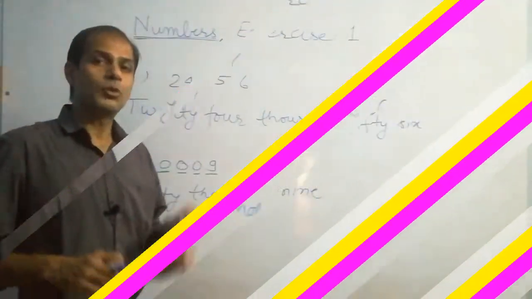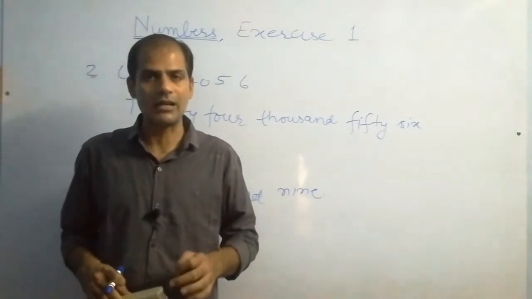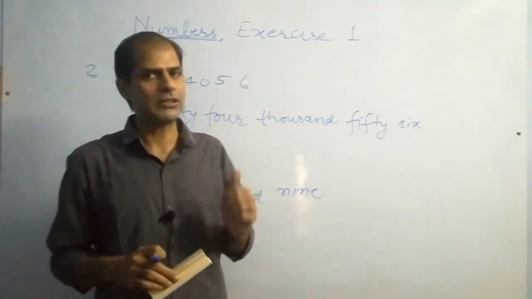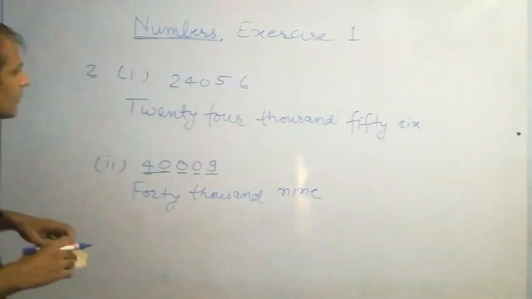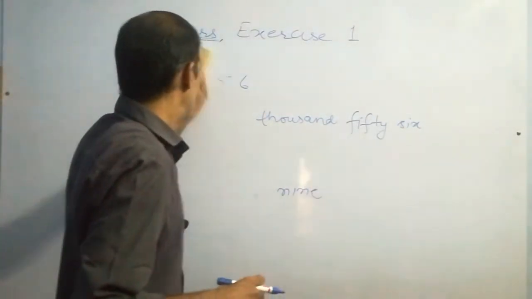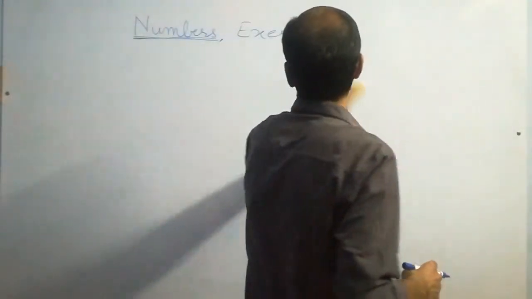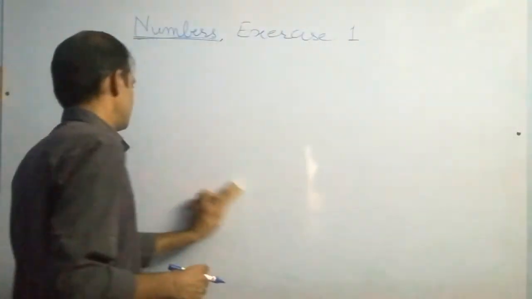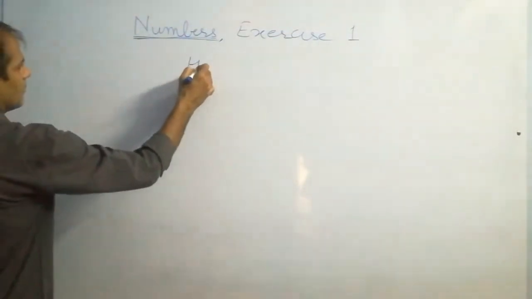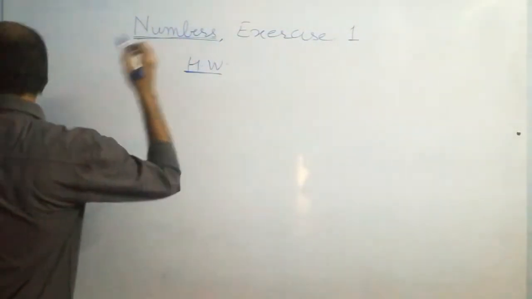I hope you understood these 2 questions well, and on the basis of this I will give you the homework from first and second question. Okay, and this is your homework.